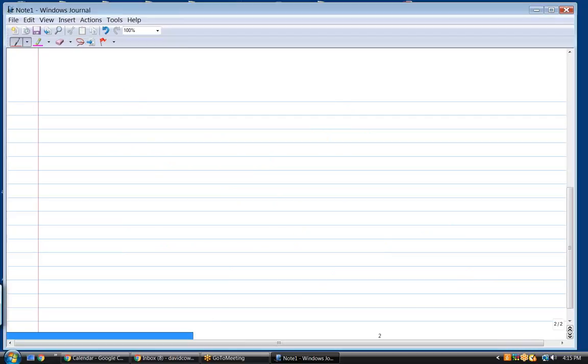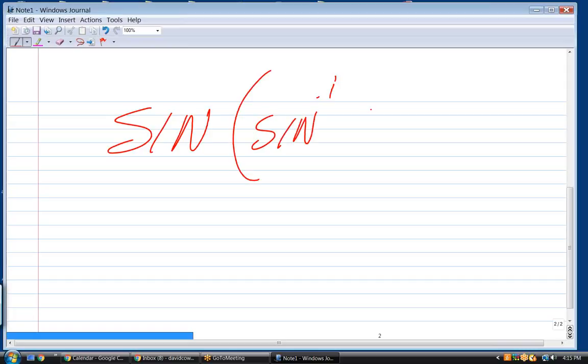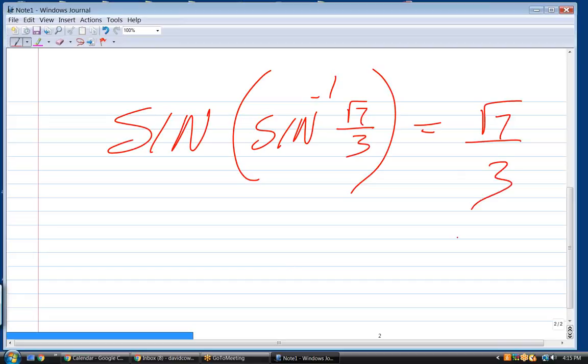Now, if you have something simple like this, that's always going to be equal to the number. Even if I had this. In other words, we don't even need to know the angle.